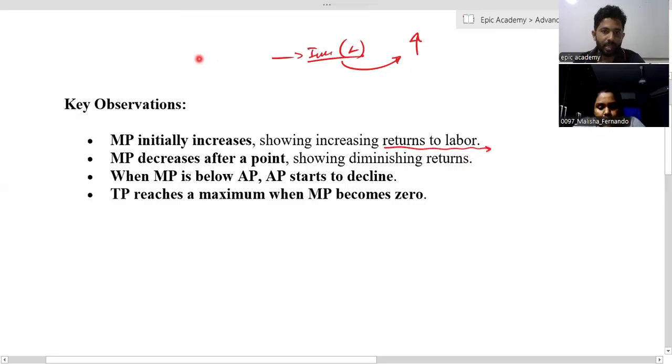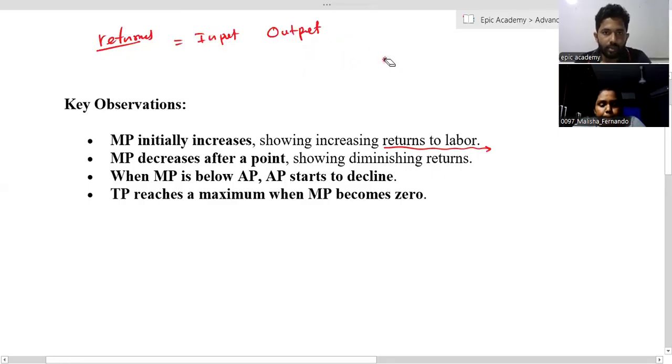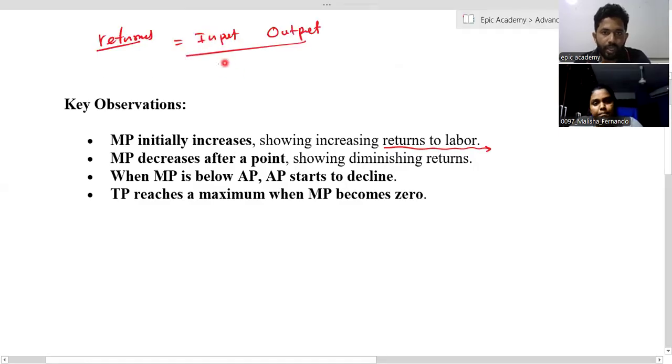Returns mean, do you have any idea about the returns? Returns mean something like this: this is input and this is output. I will describe. If you increase input by 20, output increases by 20 as a result.